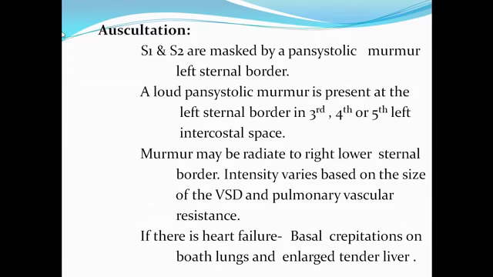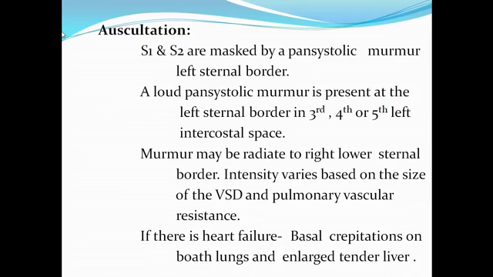When we find a murmur, we find out the radiation. Where does it radiate? This VSD murmur radiates to the right lower sternal border. It occurs at the left sternal border and radiates to the right lower sternal border.